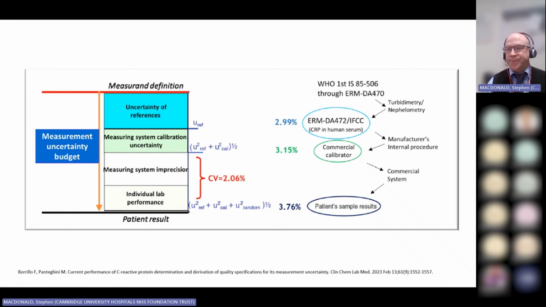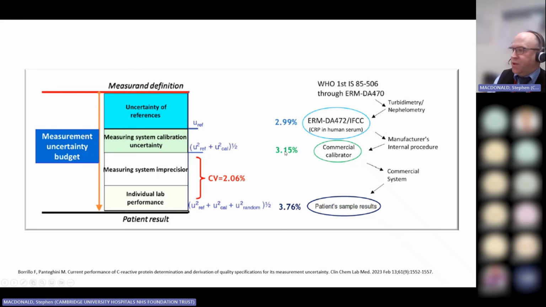And what that means is that the overall measurement uncertainty budget is divided into the contributions of those different sources. So the uncertainty of the references, which is this WHO first international standard up here, through the commercial calibrator into the patient sample results.